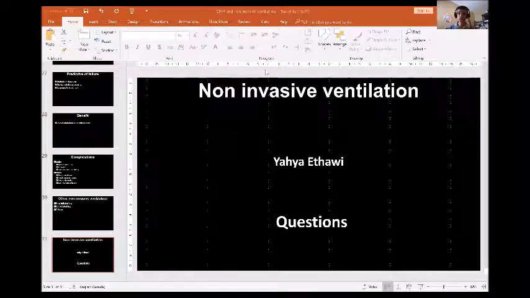Because you have IPAP, you will have a rate, how many times you give per minute, so you have to set the rate. And because you have IPAP and EPAP, you have to set the time of each, how long the EPAP and how long the IPAP. So you set many things, and of course, you have to set the oxygen.